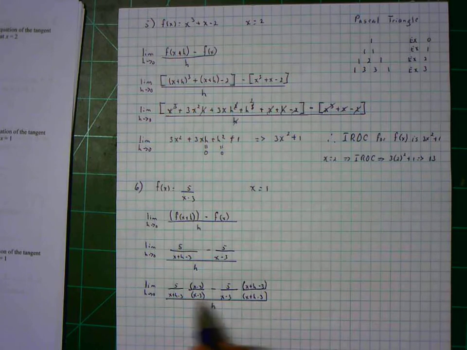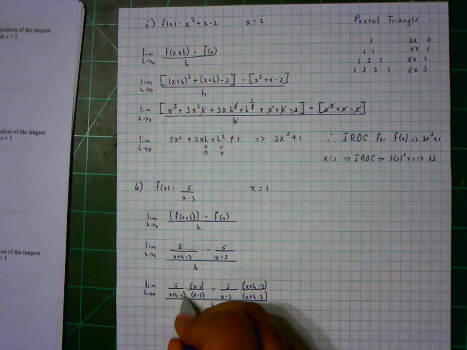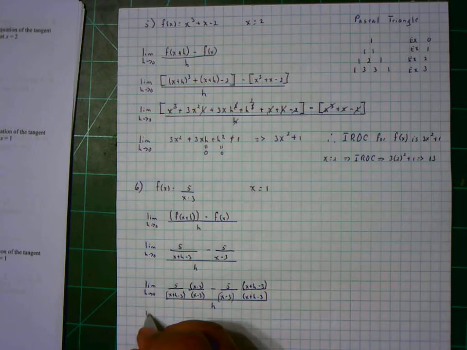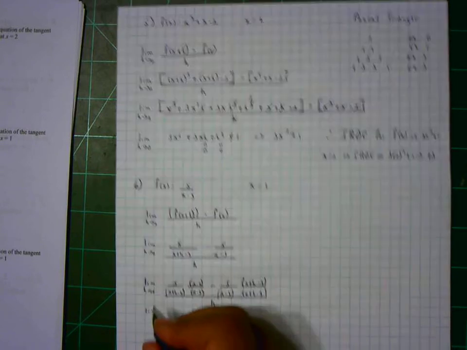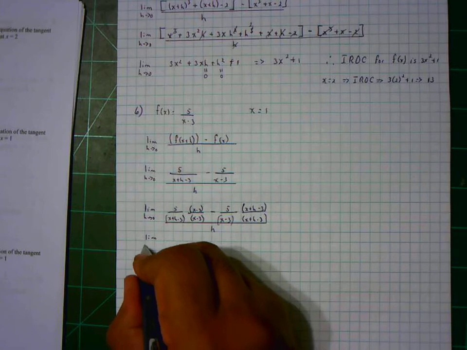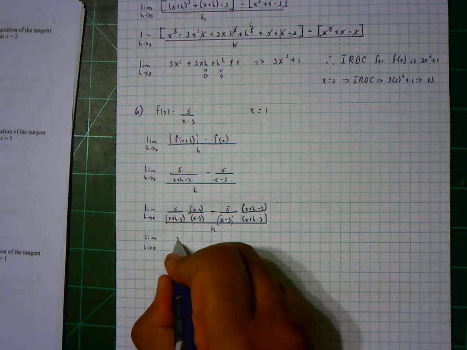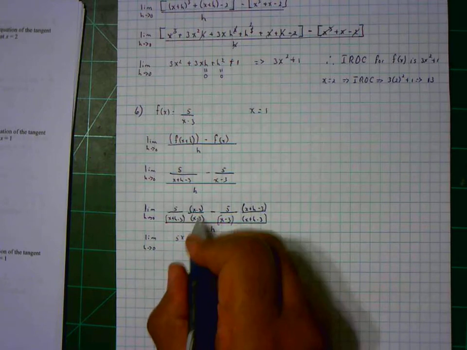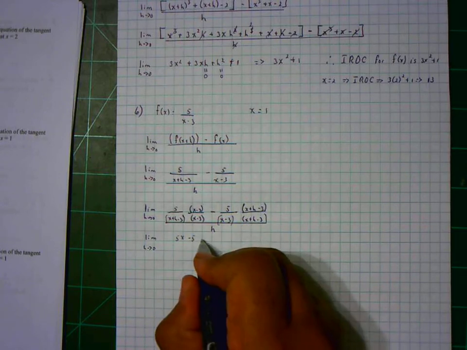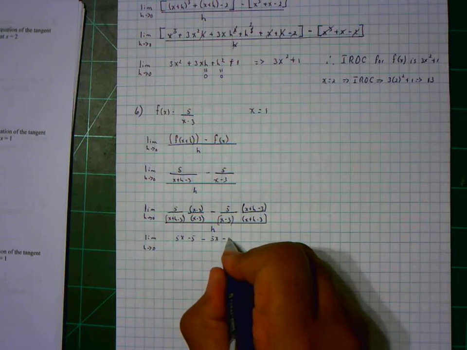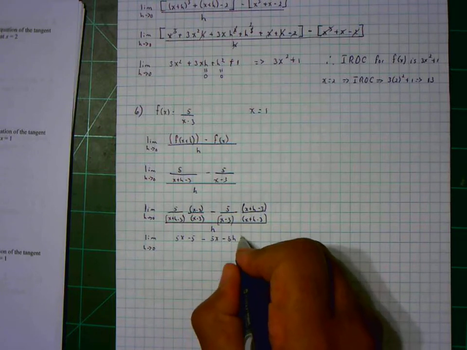Now you can see these two denominators are going to be the same here. So I'm only going to write them one time when I rewrite this. Limit as h goes to 0. 5 times x is 5x minus 15 minus 5x minus 5h plus 15.